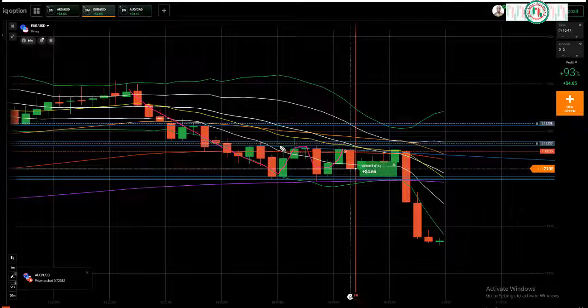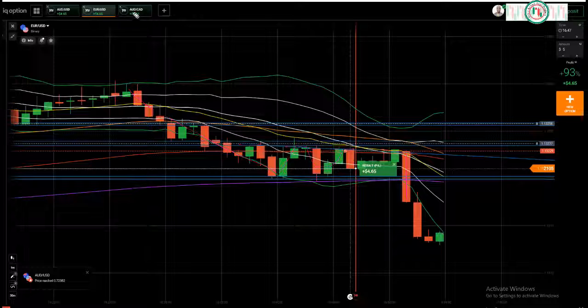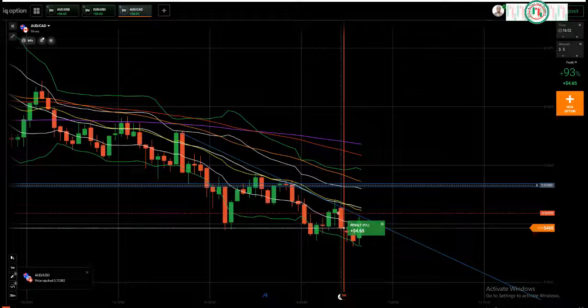So when I saw this candle, you see this candle is higher, lower, then when this candle closed at this level, I knew it would reverse. You see here low again, the trend line strongly. So because of the ranging market, that's why I placed my put option trade. Then the last trade here, you see I used this trend line as well, in the direction of the major trend.